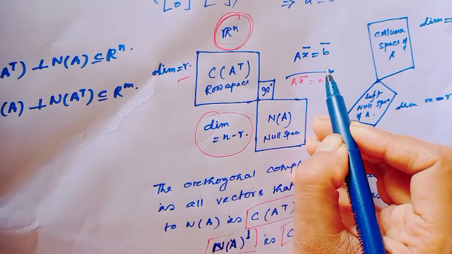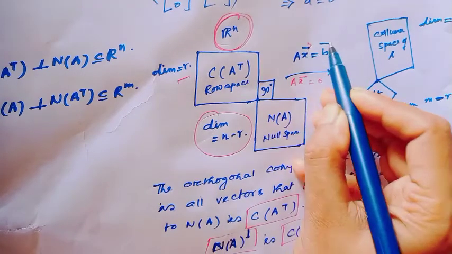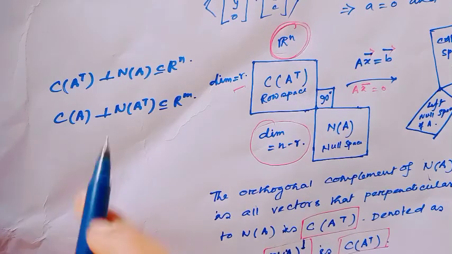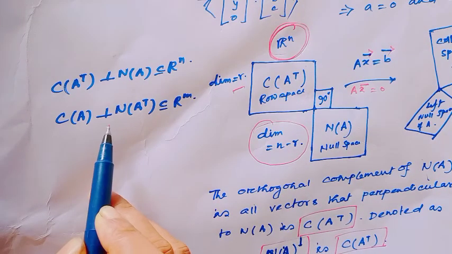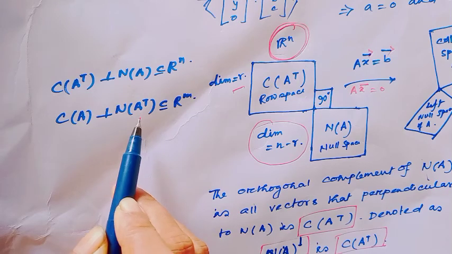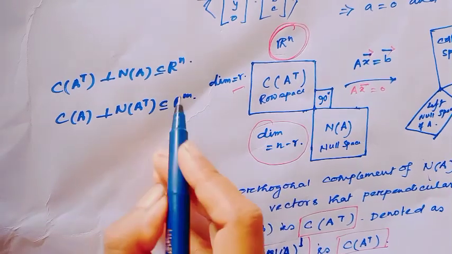If we apply Ax equal to b, then I will get the column space of the matrix A. And similar to before, the column space of the matrix A is perpendicular to the null space of the matrix A transpose, which is actually a subspace of Rm.